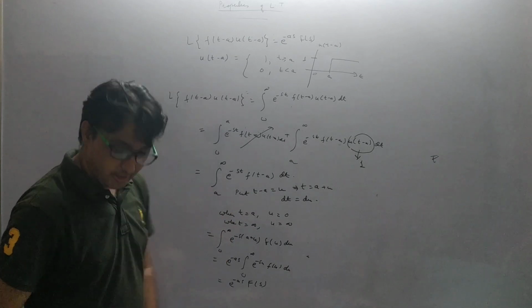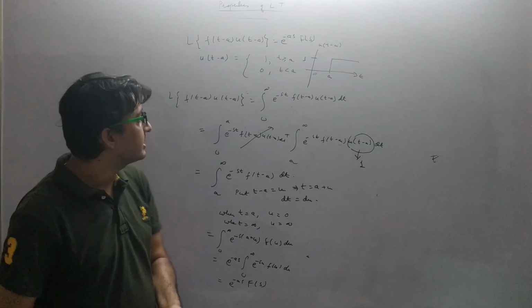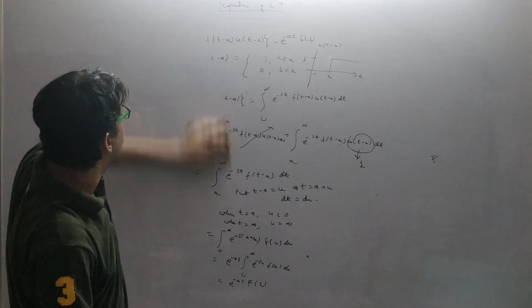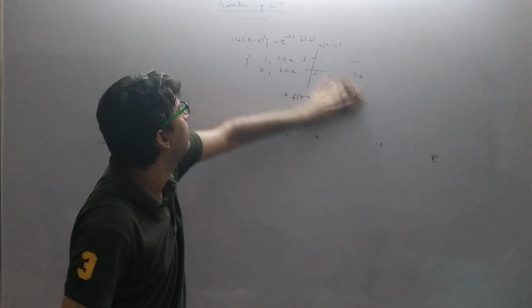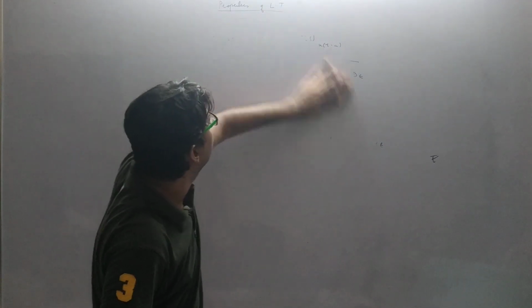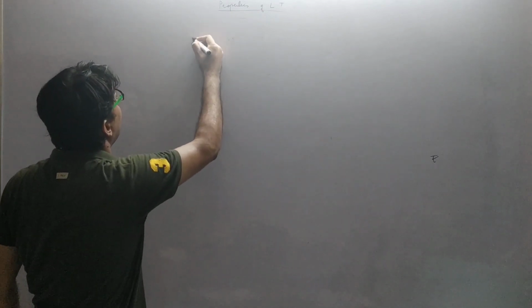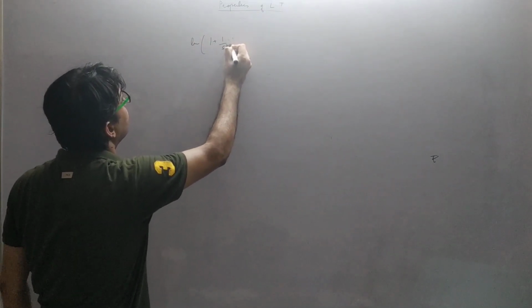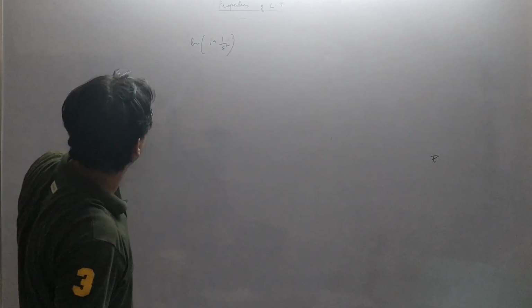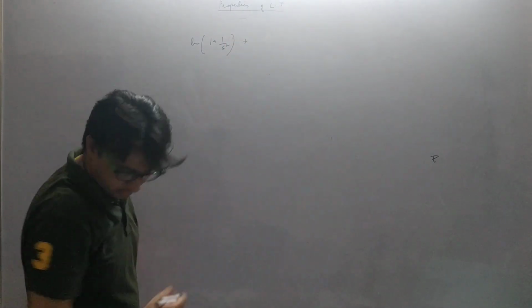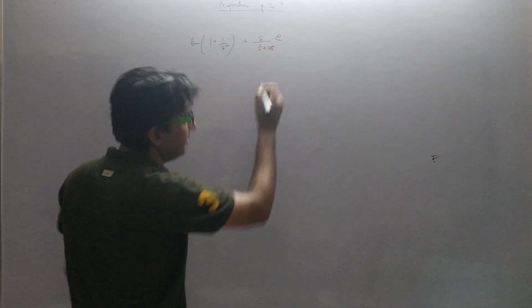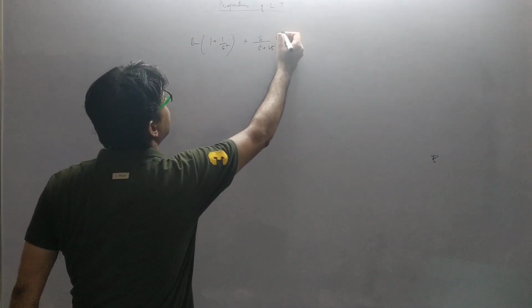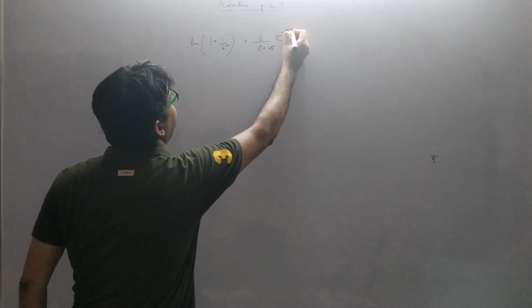Alright, now we are going to take up an example asked in civil services examination based on this property. The question is, log of 1 plus 1 by s square plus s by s square plus 25 e to the power minus pi s.